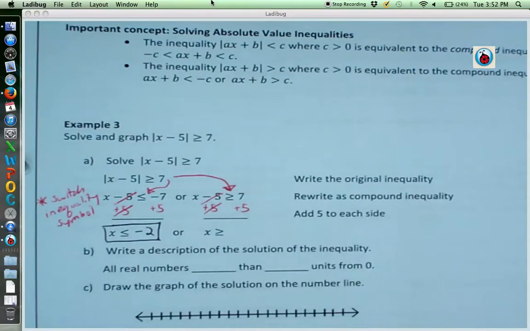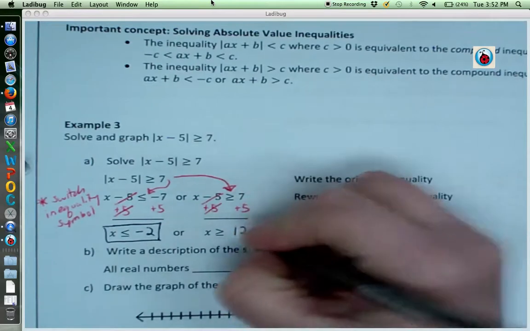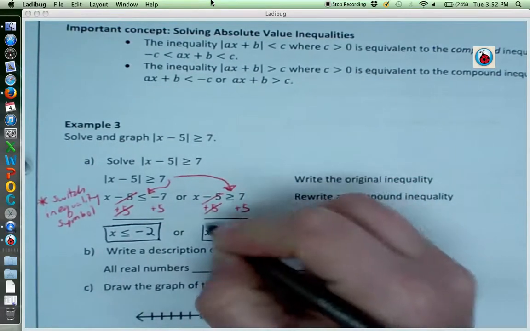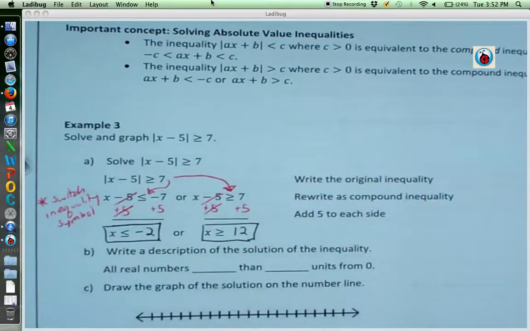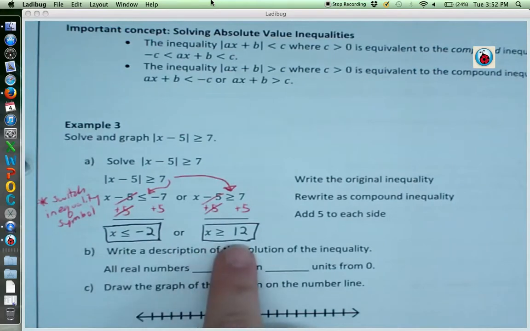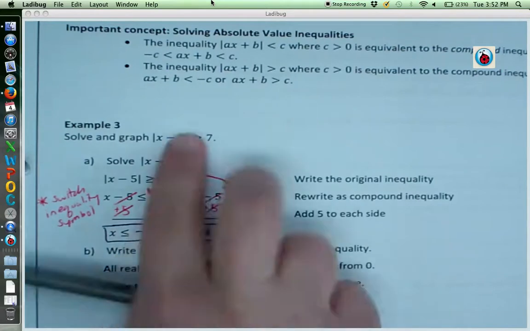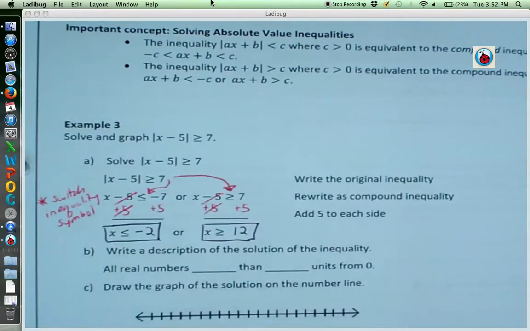I end up with x is greater than or equal to 7 plus 5, which is 12. So I have these two possibilities. I have x could be less than or equal to negative 2, or x could be greater than or equal to 12. That gives me a ton of numbers that will work for this original inequality.